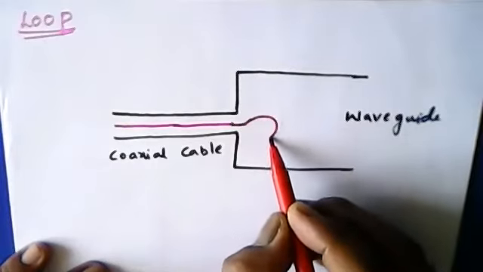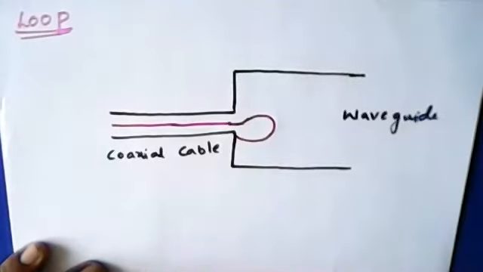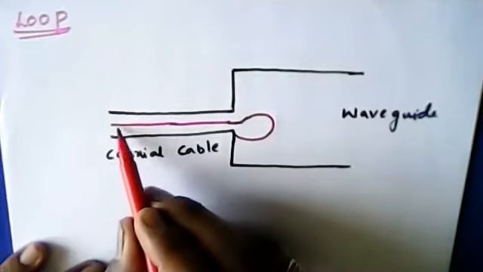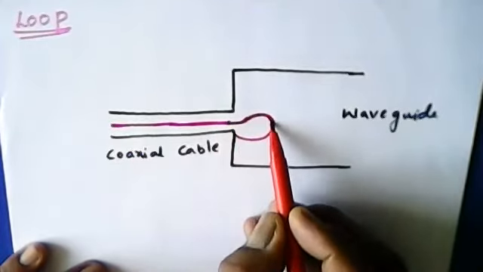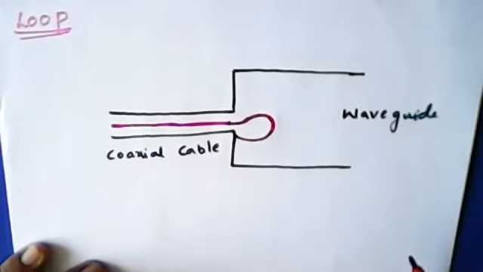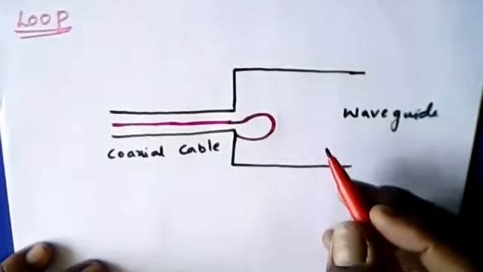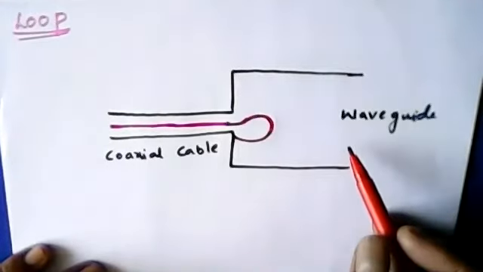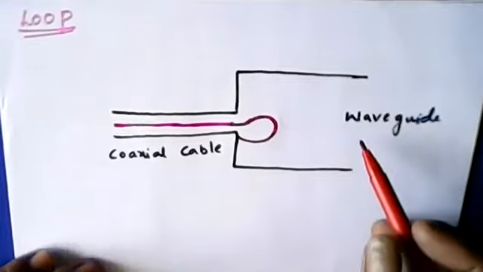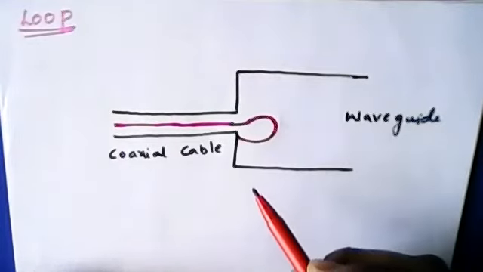See this. This is how the inner conductor is taken and wound in the form of a small loop. This is the construction actually. I'm not getting into details regarding the conditions over here.